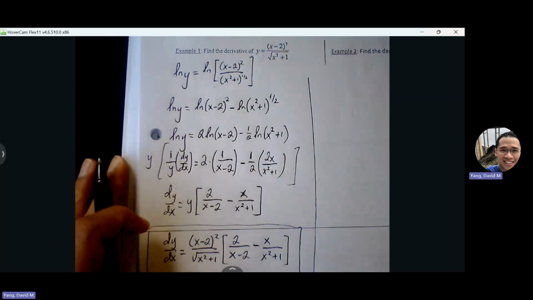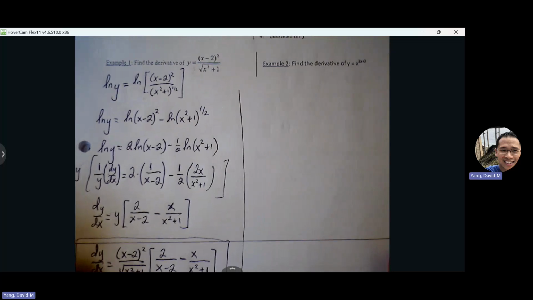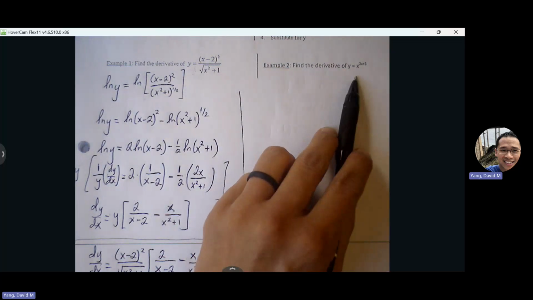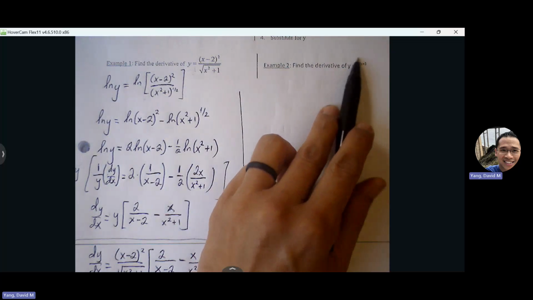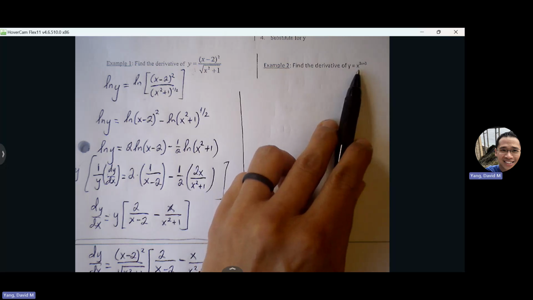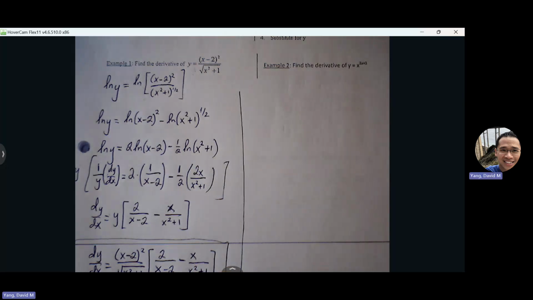Now, having said that, example 2 is a problem where log differentiation is the only way to go about this, because if you look at this problem here, this is a variable raised to a variable. We have a rule for a variable raised to a constant, which is power rule. We have a rule for a constant raised to a variable, which is exponential, e to the x or 2 to the x, a to the u.